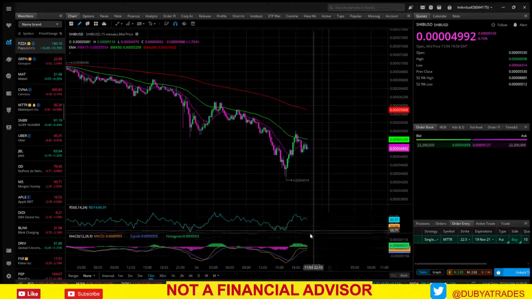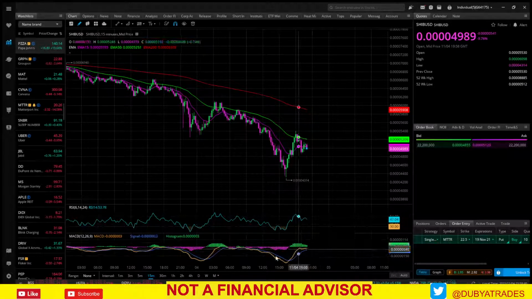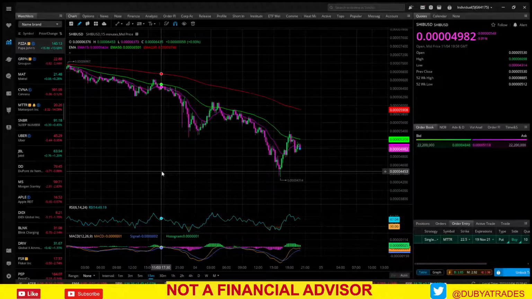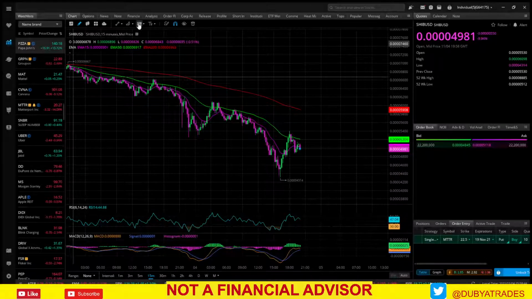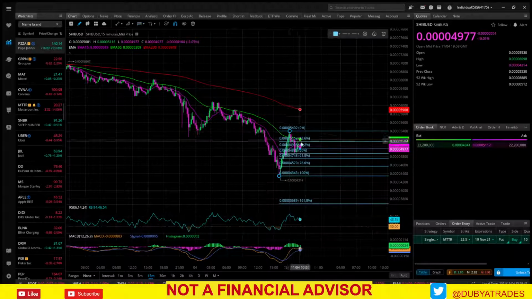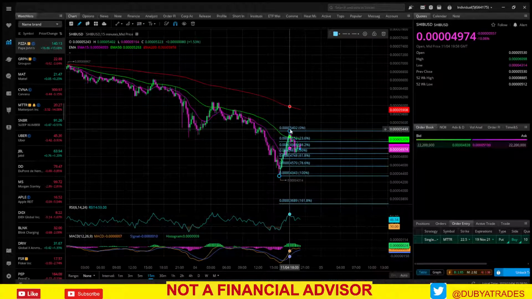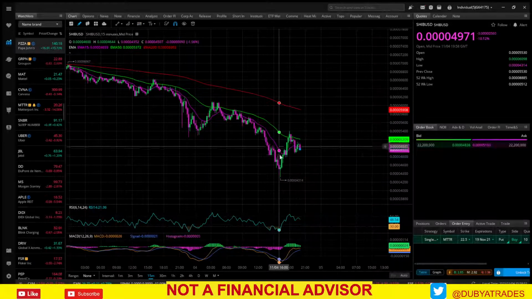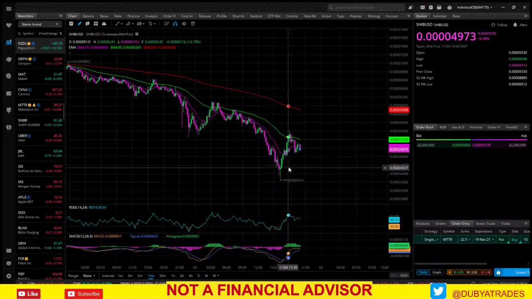The MACD is a little bit bullish on it. It needs to be over that center line, though. I wonder if we put the fib on that, what it would be. Yeah, 50% bounce right now if it holds. But it's not around any other indicators.